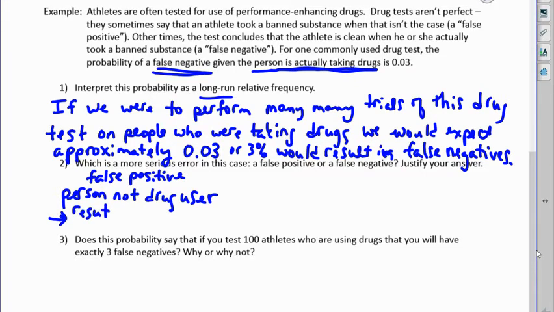Results said they use drugs. So what would you do? You kicked them out of the league, or you banned them from competition?